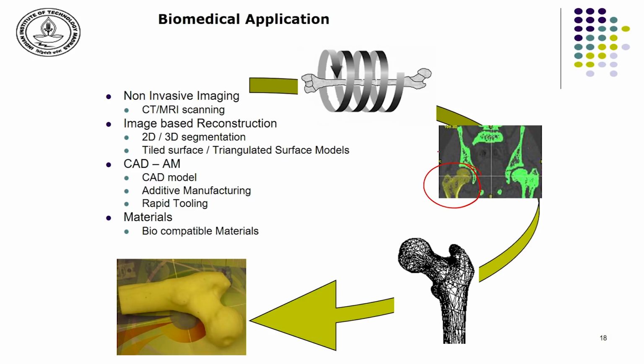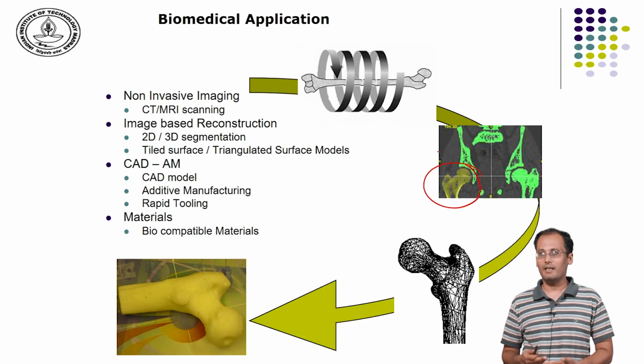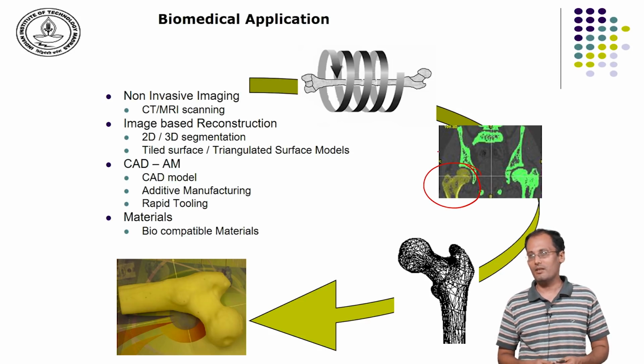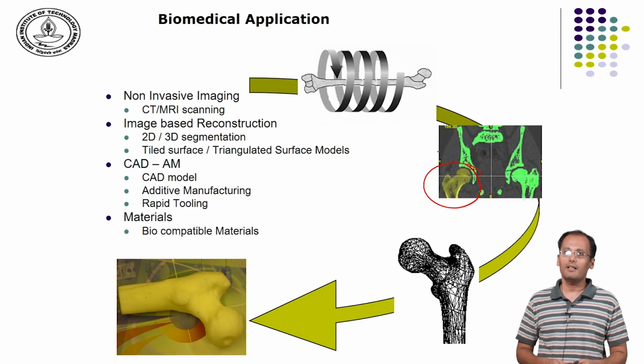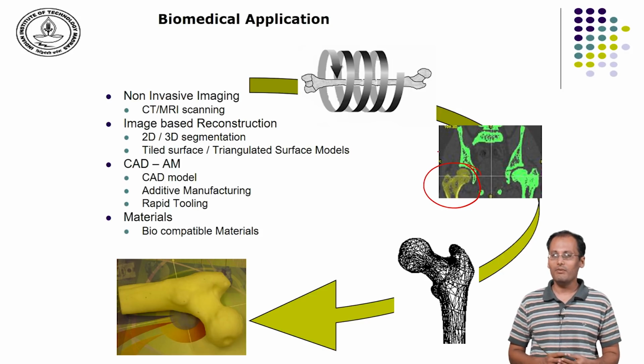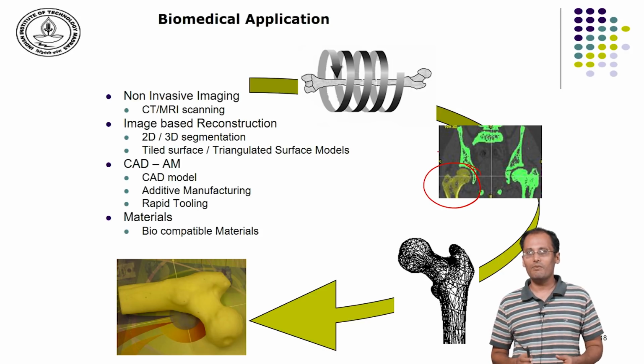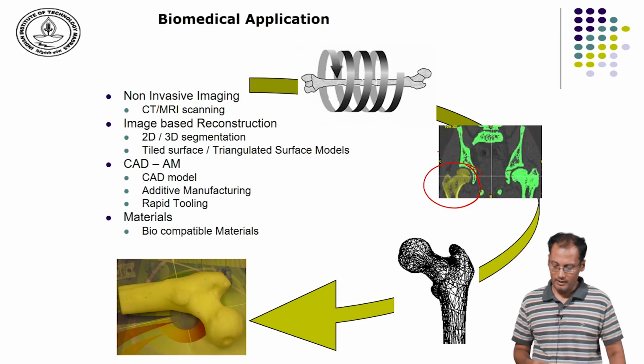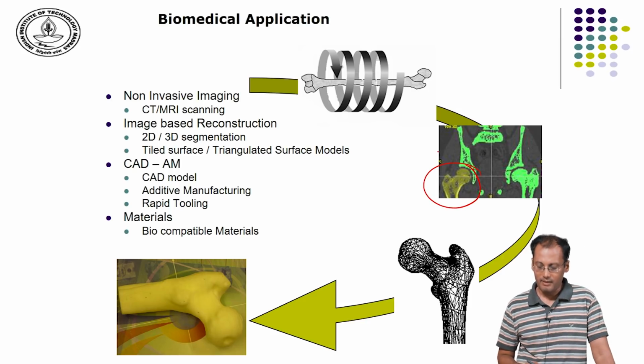The trabecular bone, the cortical bone, they have different densities, and one can use such modeling frameworks to create implants which will mimic the bone, or one can think of using these as tissue engineering scaffolds. So, there are a plethora of applications which can use these kinds of modeling frameworks.